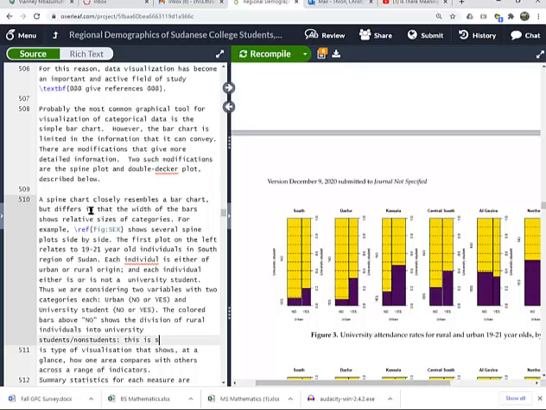This is similar to a conventional bar graph.